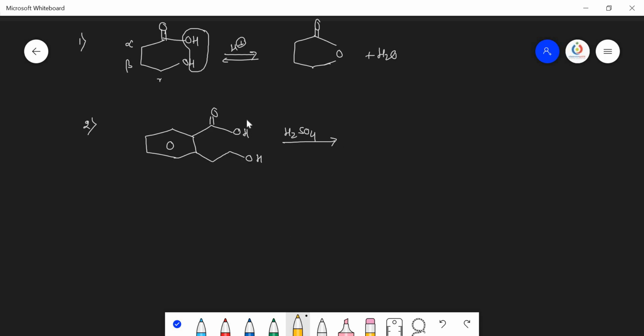Now, how will this be removed? OH from the carboxylic acid and hydrogen from the alcohol. They will be removed like this. And whether it is gamma carboxylic acid or delta carboxylic acid: you leave this carbon, next carbon is alpha, this is beta, this is gamma, this is delta. Means 5 carbon atoms with 1 oxygen. It is also coming into the ring, so that becomes the 6-membered ring.